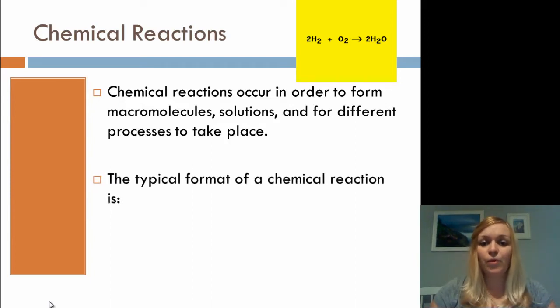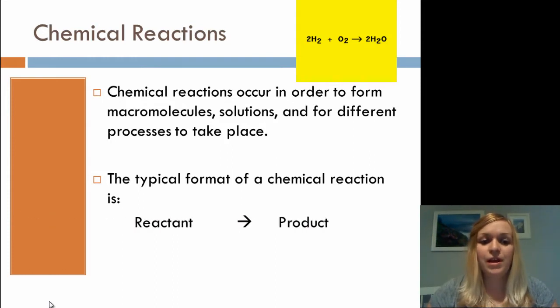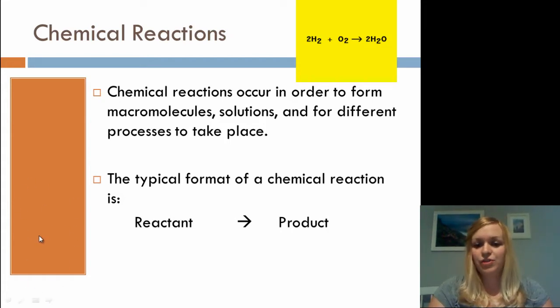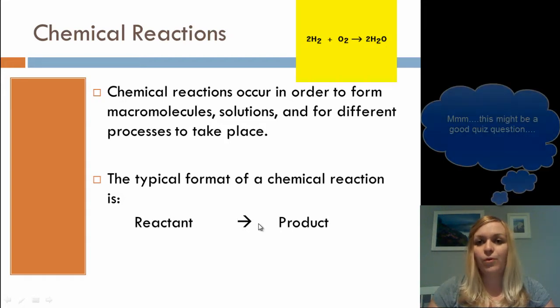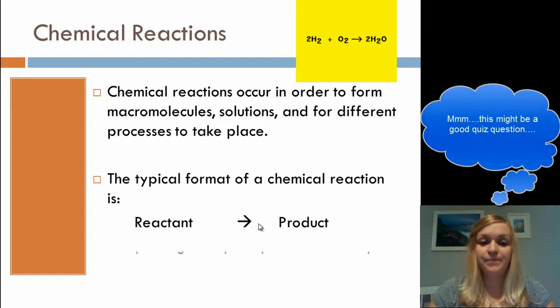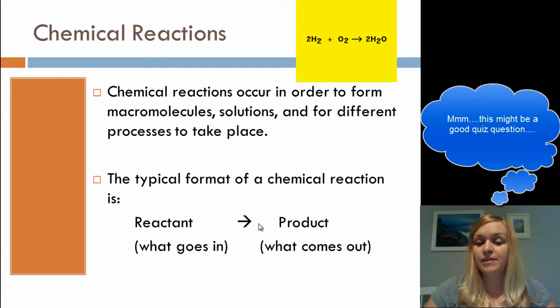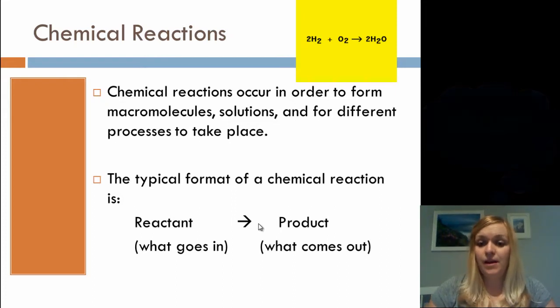The typical format of a chemical reaction is a reactant or reactants going in, having some kind of change occur here in the center, and then product or products being formed. So a reactant is basically what goes in, and a product is what comes out.